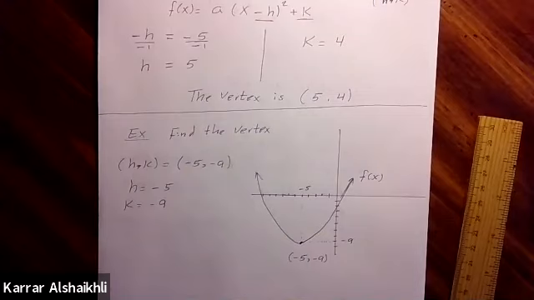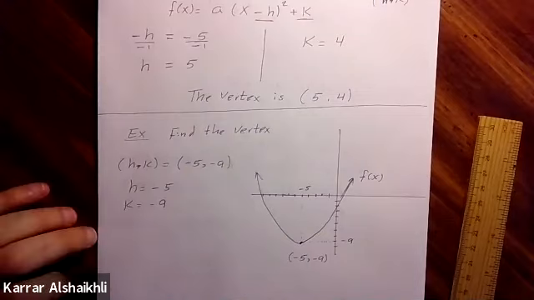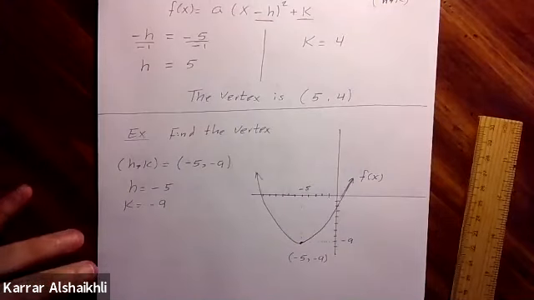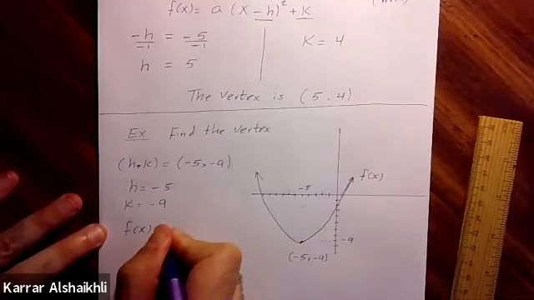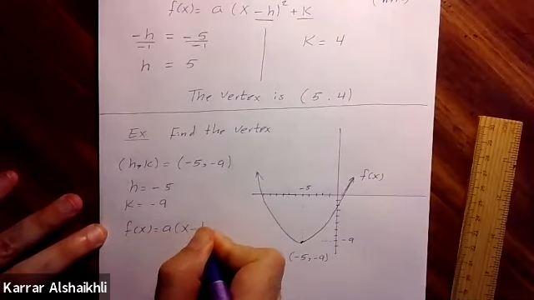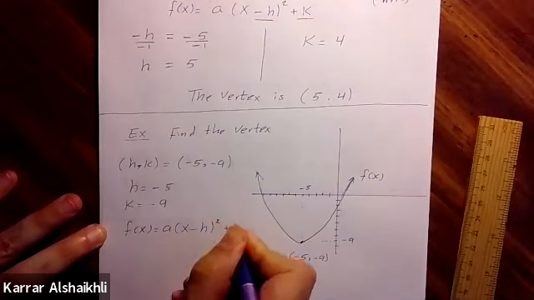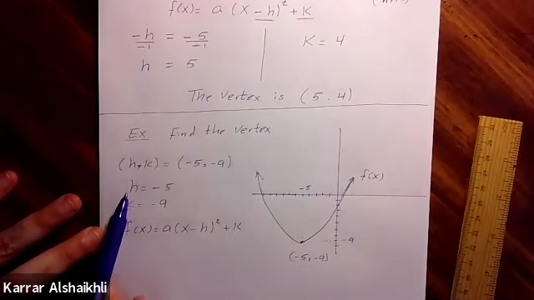The same process, but now we have a graph. If they ask you to write down the vertex formula, we're just going to write down f of x equal a times x minus h squared plus k, because we already have the h and the k. We found it from the graph.